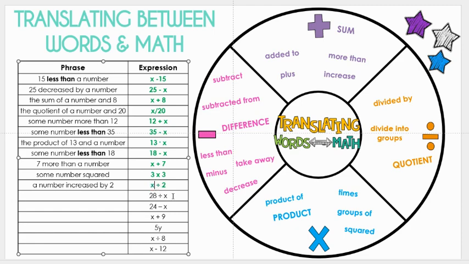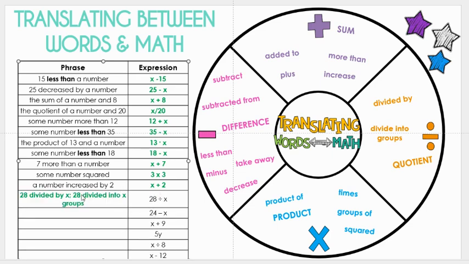Okay, then we're going to go from expression to phrase. So we could say simply 28 divided by x. Or we could say 28 divided into x groups. 24 minus x, we could simply say 24 minus x. We could say x subtracted from 24.